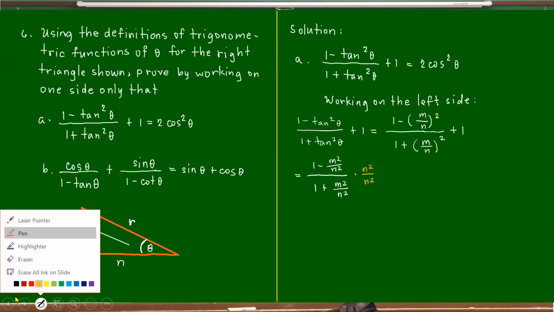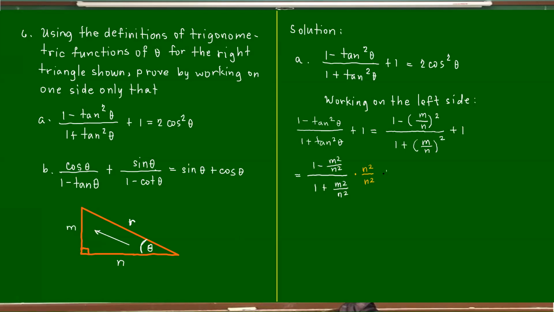So then we have plus 1. This is equal to, make a fraction. n squared times 1 is n squared, minus m squared. In the denominator, we have n squared, and then the plus, when multiplied, cancel, so we have simply m squared.